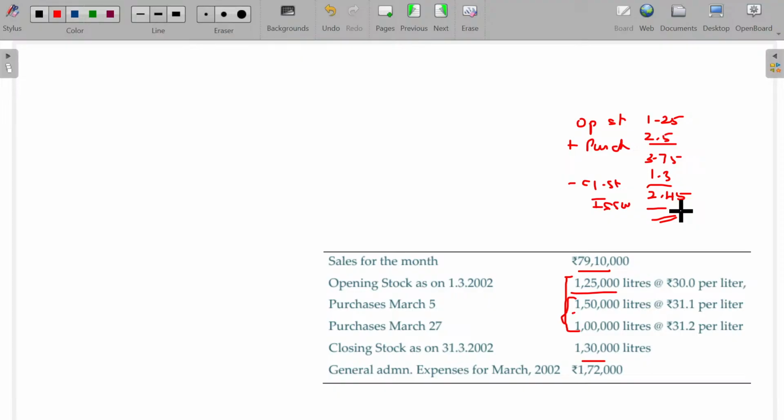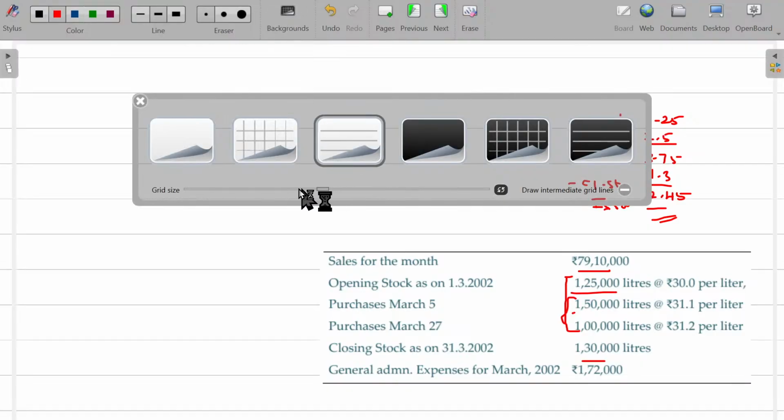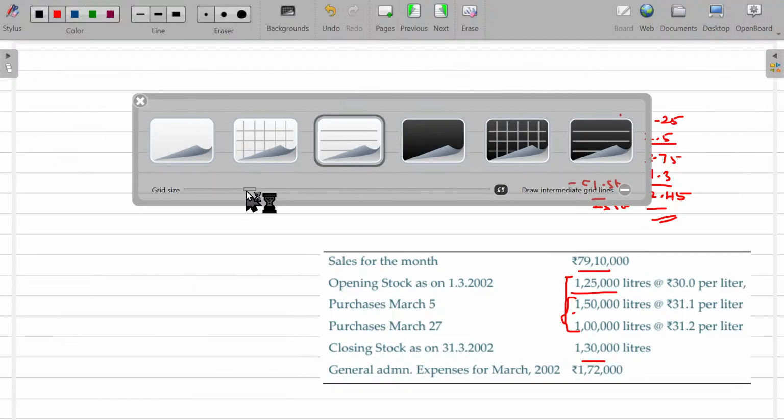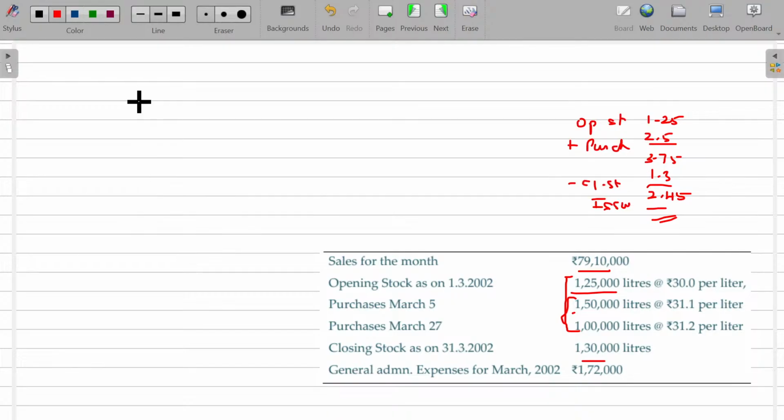Is that clear? Now, using the FIFO method, let's see. On 1/3/2002, opening stock we have how much?